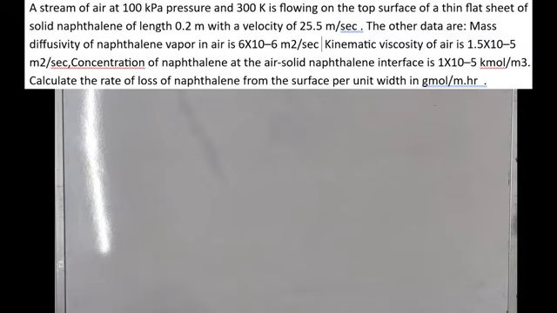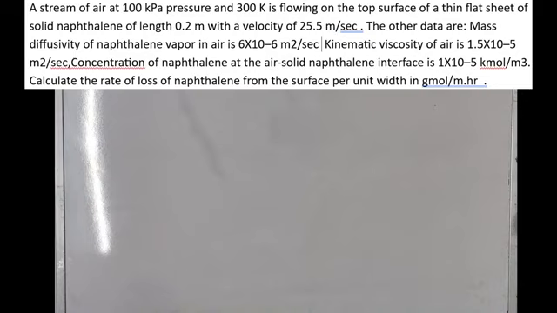A stream of air at 100 kilopascal pressure and 300 Kelvin is flowing on the top surface of a thin sheet of solid naphthalene of length 0.2 meter with the velocity of 25.5 meter per second. The mass diffusivity of naphthalene vapor in air is 6 into 10 to the power minus 6 meter square per second.